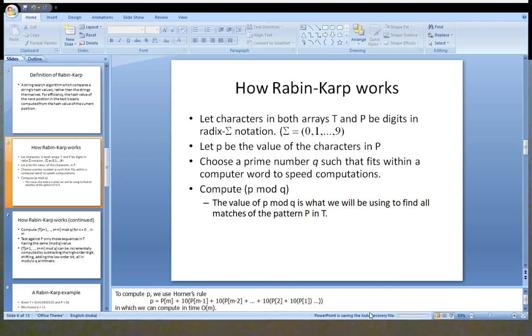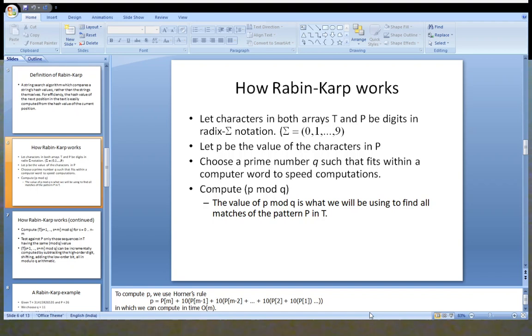Now, how the Rabin-Karp works. Let characters in both arrays T and P be digits in radix sigma notation. Suppose the text string and the pattern string are both made of digits from 0 to 9.